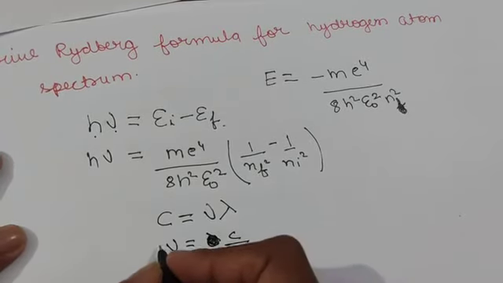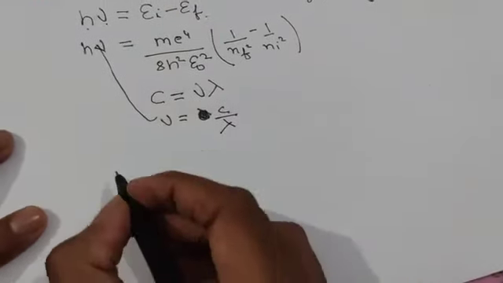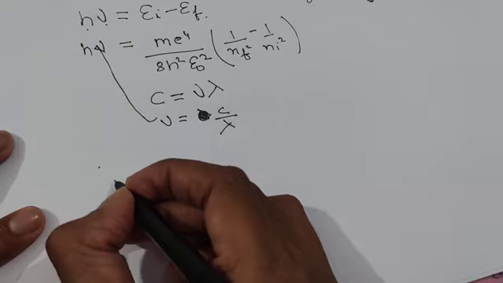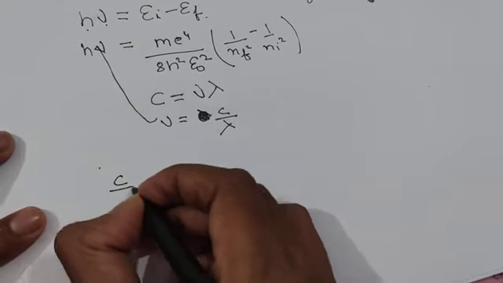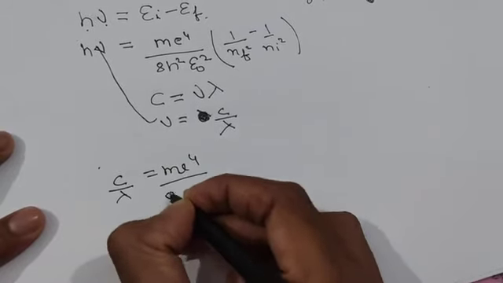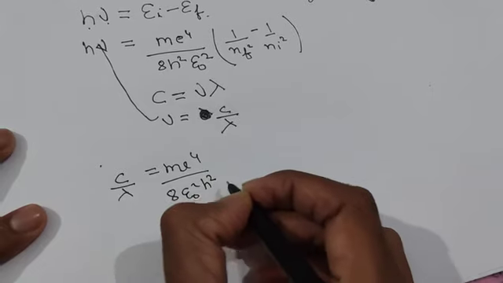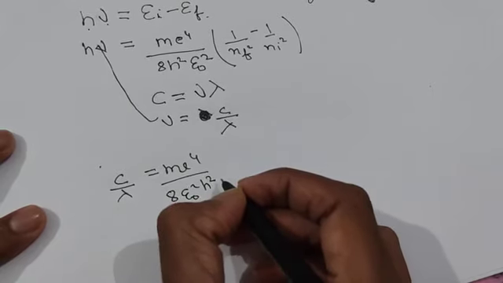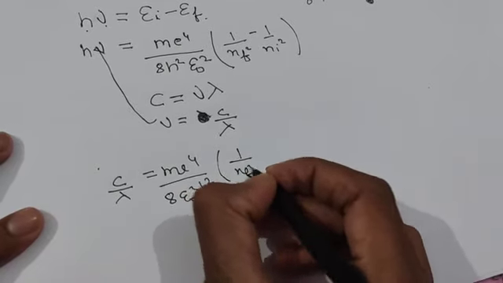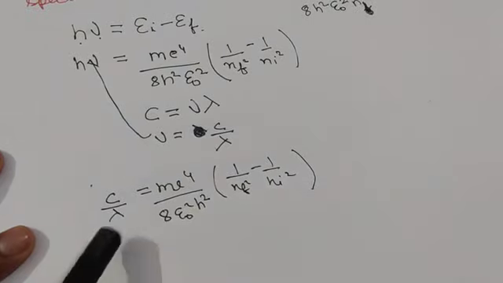Put ν here. So c by lambda is equal to m e to the power 4 divided by 8 ε₀ squared h squared, times 1 by nf squared minus 1 by ni squared.